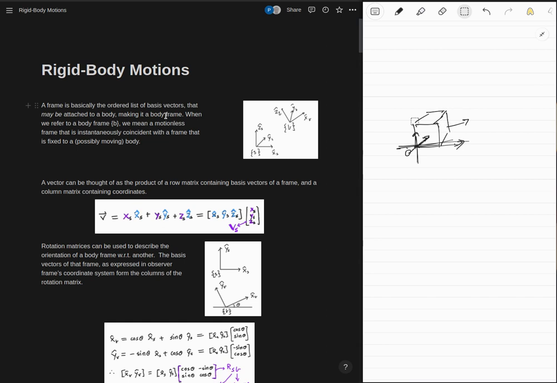Now after some point, the block would have moved forward, maybe somewhere over here like this, but the frame hasn't moved. So that's what we mean when we say that the frames are motionless, and they may be formed because of a moving body, but they themselves are not moving, right?